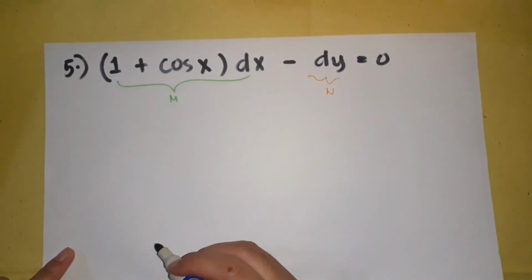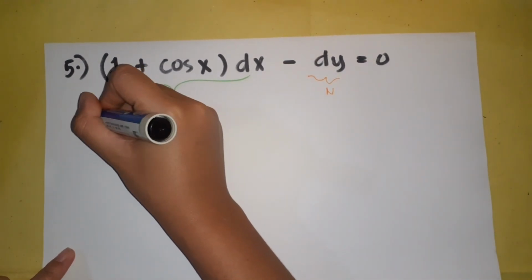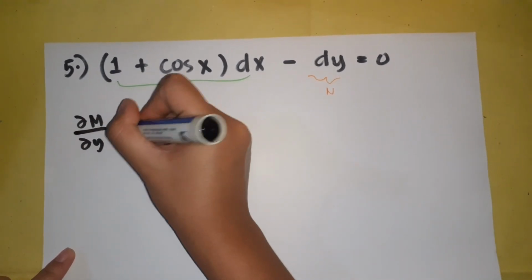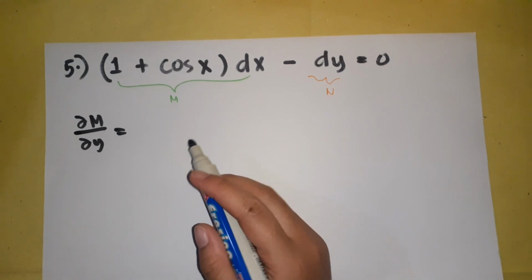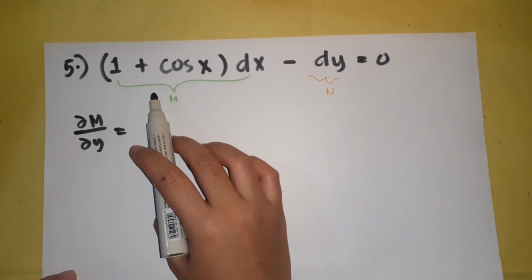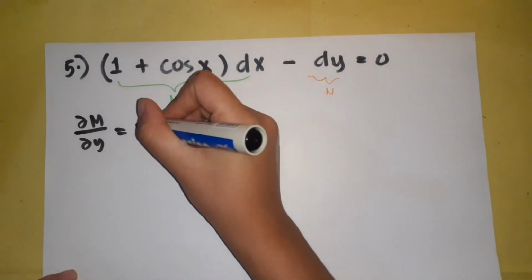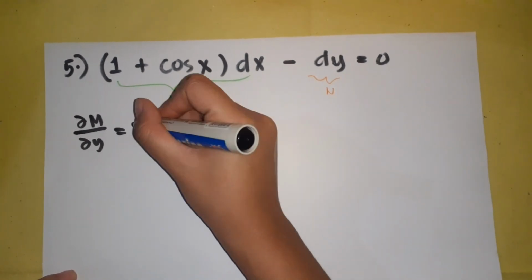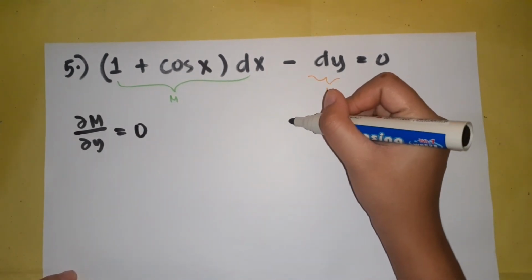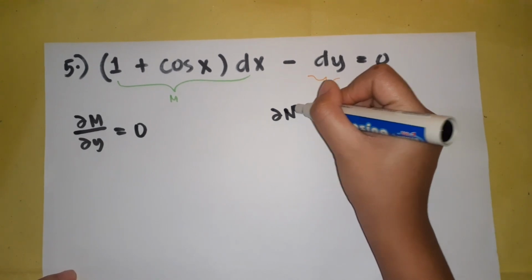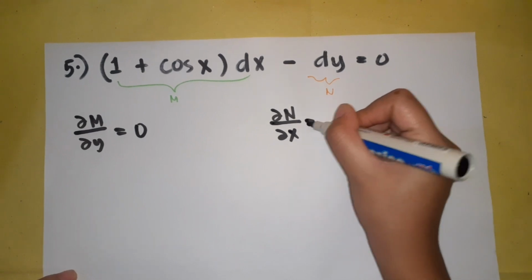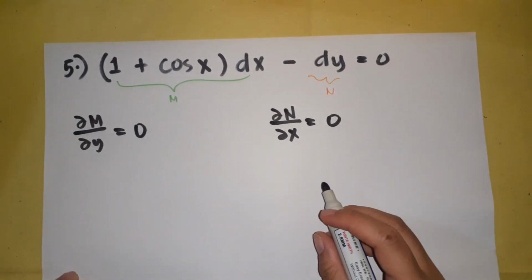In testing the exactness, we will get the partial derivative of M in terms of y. Since there is no variable y in our function M, the partial derivative of M in terms of y is equal to 0, and our partial derivative of N in terms of x is also equal to 0.